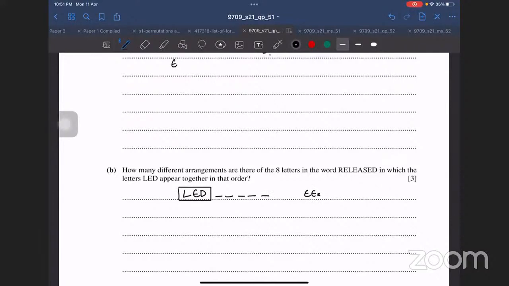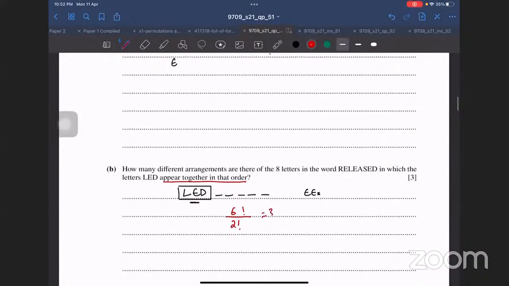The box serves as 1 dash, so this becomes a total of 6 dashes. So 6 factorial. I don't shuffle inside the box because the question prevents me from doing that, as it must be in that order. I just divide by 2 factorial and that gives me 360.